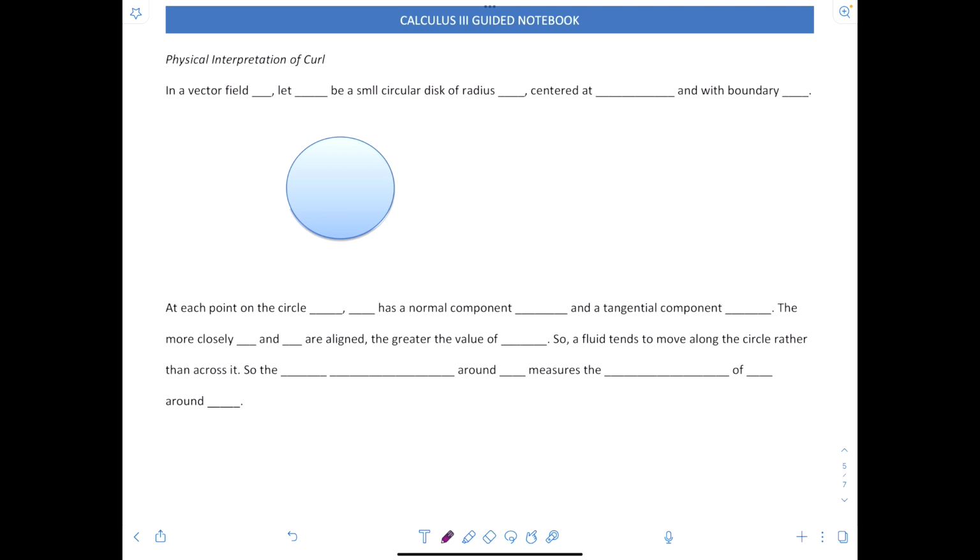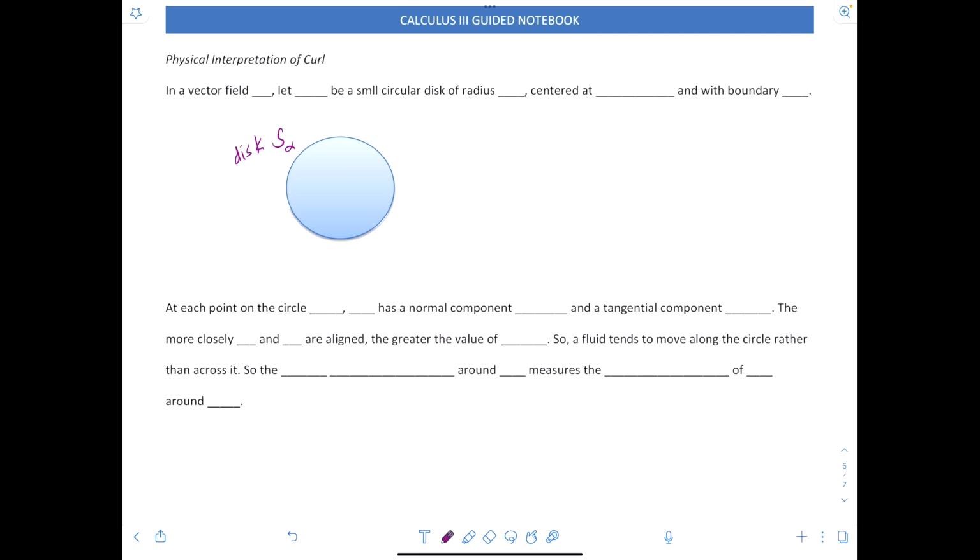All right. So now, physical interpretation of curl. So if you take a look, I've made this disc, okay, and the name of this disc is S alpha. So it's disc S alpha.